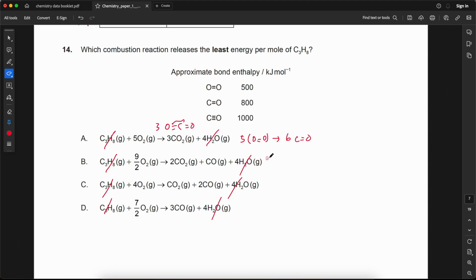And for this one, 9/2 O=O, 4 C=O plus C≡O. And for this one, 4 O=O becomes 2 C=O plus 2 C≡O. And this one will be 7/2 O=O, 3 C≡O.